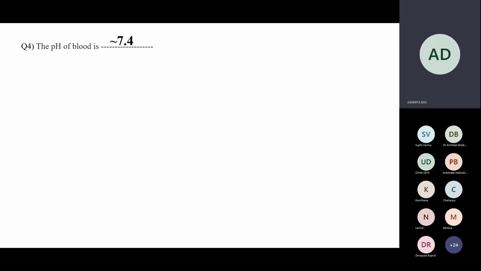The correct answer is that the pH of the blood should be between 7.35 and 7.45.